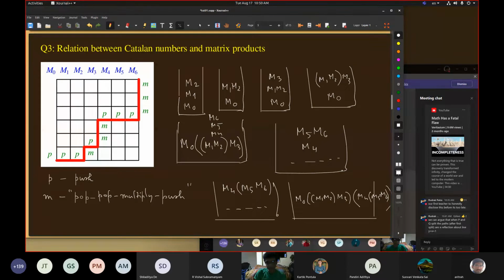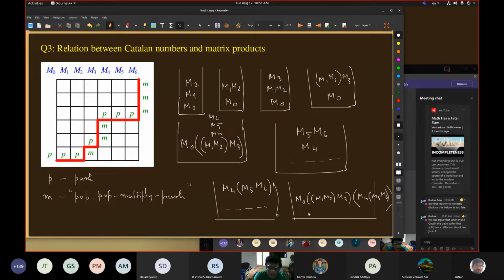So do you understand the construction? Yes or no? Yes. Okay. So this essentially establishes the connection between valid paths and products like this.